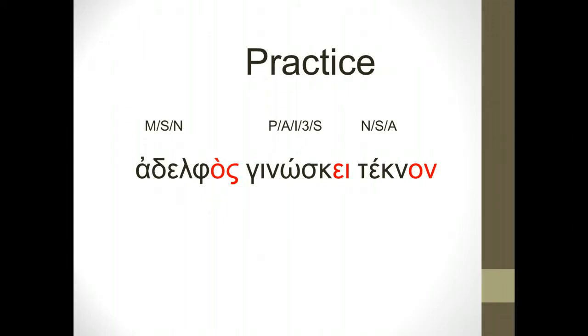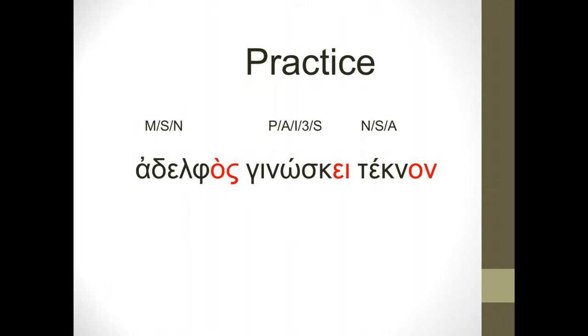You can look at your chart there on page 23. The nominative can be teknon or the accusative can also be teknon. But because adelphos already has the place of the nominative and it's clearly a nominative, then I'm able to figure out that teknon in this case is the accusative, and is therefore the direct object.